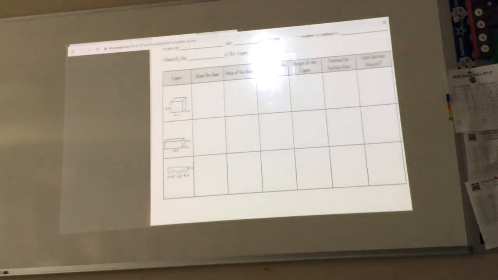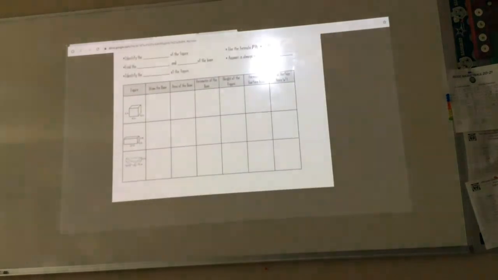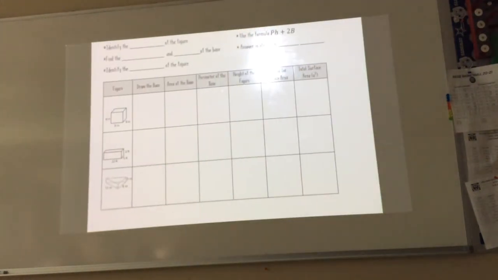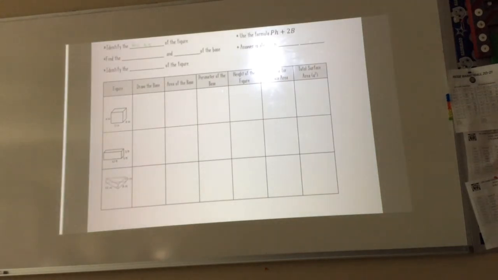Okay, so starting off here. Step 1 is to identify the base of the figure. Nothing changing from yesterday. Find the perimeter and area of the base.